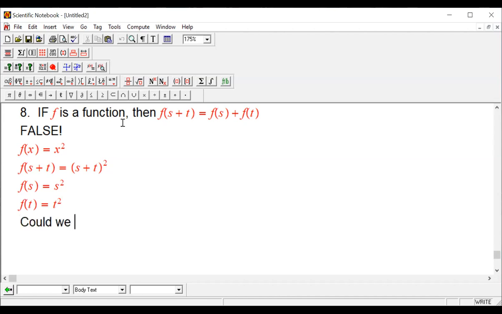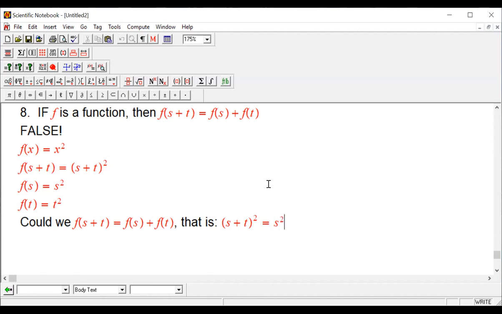Could we say, if this is true, that s plus t squared equals s squared plus t squared?